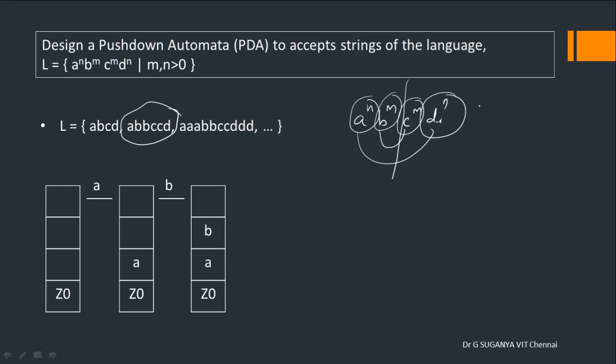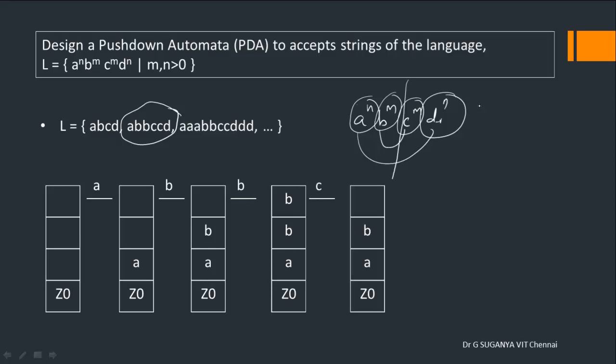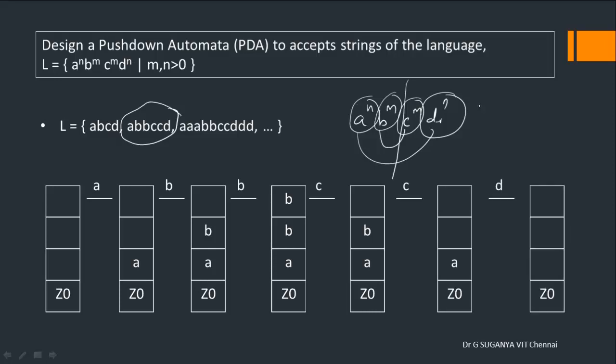Now when B comes, you are pushing in. When the second B comes, again it's pushed. Then when C comes, you have to map C with B. So we are popping out B. Then for the next C also again we are popping out B. Then for the last symbol D, you have to equate it with A, and hence you have to do the same. It's done now. Hope this configuration of the stack is clear.